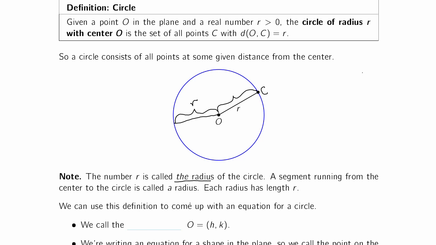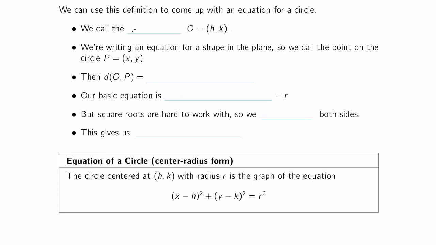Okay, how do we put this into coordinate geometry? We start by calling the center, we'll call its coordinates h and k. We're writing an equation for a graph in the plane, so we call each point on the circle xy.